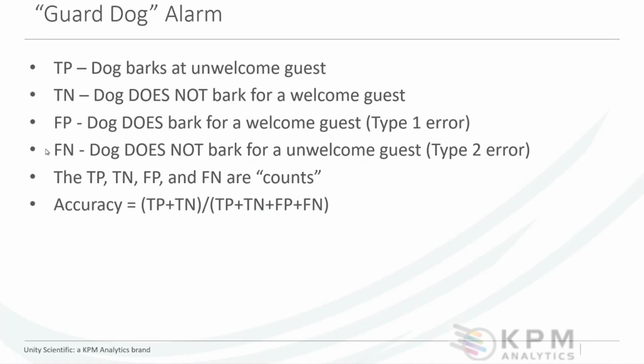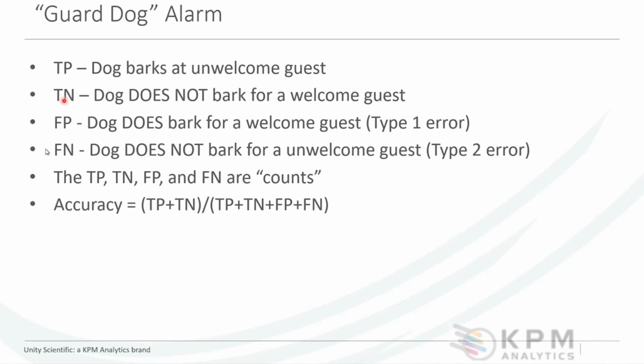I think this is also a typical example. I've seen this from multiple different areas, but sometimes people talk about a guard dog as being an alarm. So in this case, we've got a situation where we have a guest or we do not have a guest, and the dog barking is our indicator. So a true positive would be a dog barks and there is an unwelcome guest that's out there.